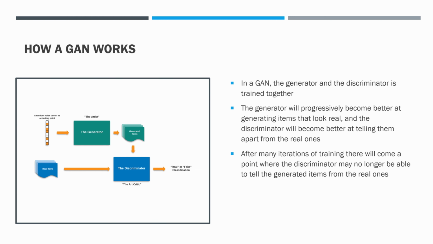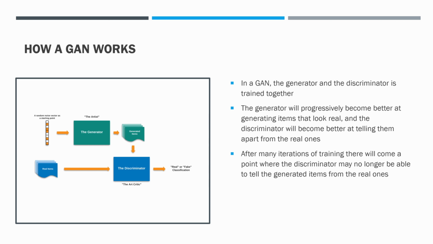In a GAN, or a generative adversarial network, the two networks, the generator and the discriminator, are trained together. The generator will become progressively better at generating items that will look real, and at the same time, the discriminator will become better at telling them apart.